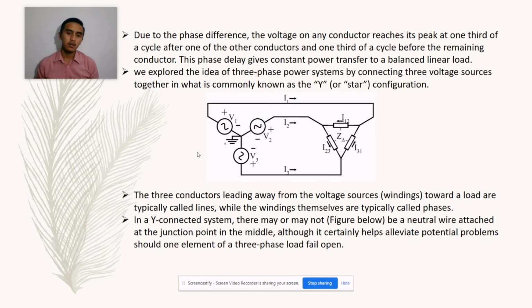The three conductors leading away from the voltage source towards a load are typically called line, while the windings themselves are typically called phase. In a Y-connected system, there may or may not be a neutral wire attached at the junction point in the middle, although it certainly helps alleviate potential problems should one element of a three-phase load fail open.